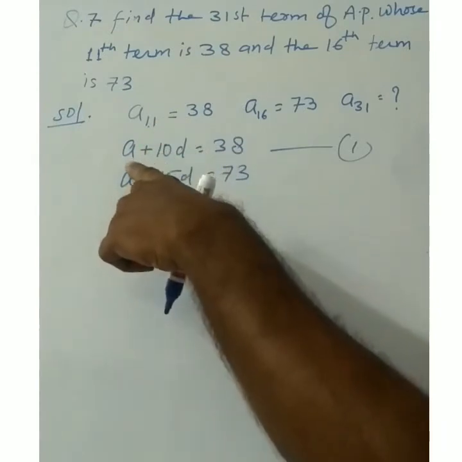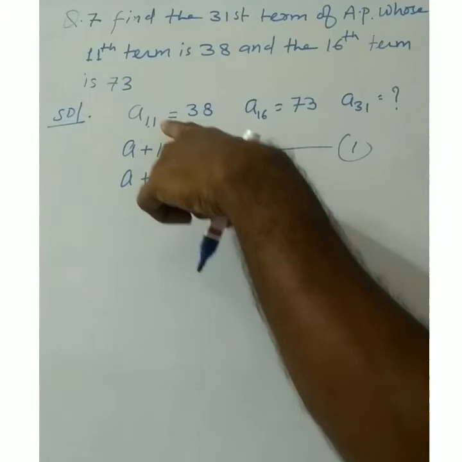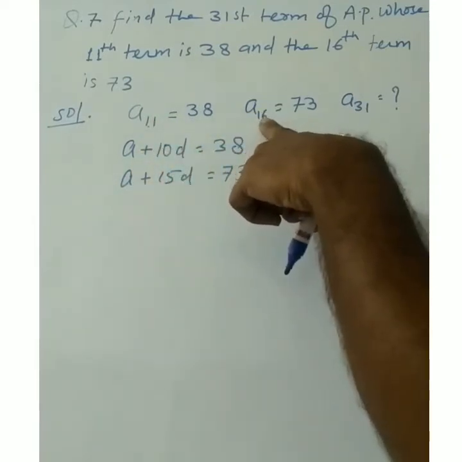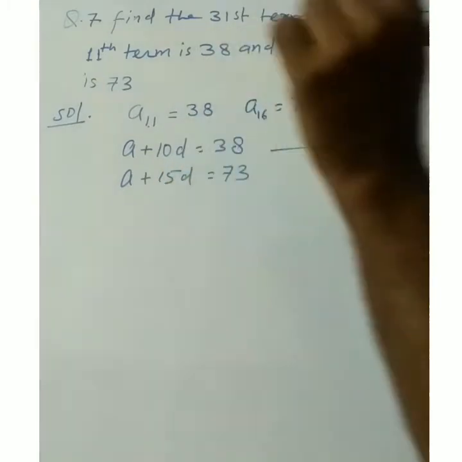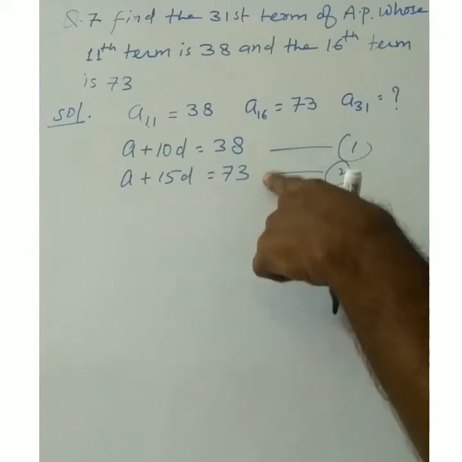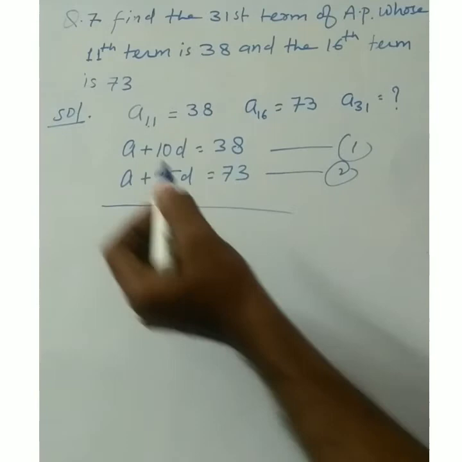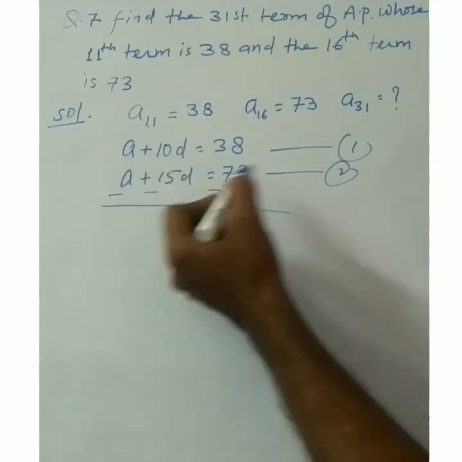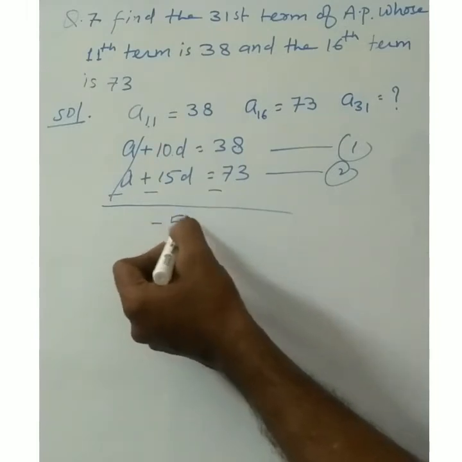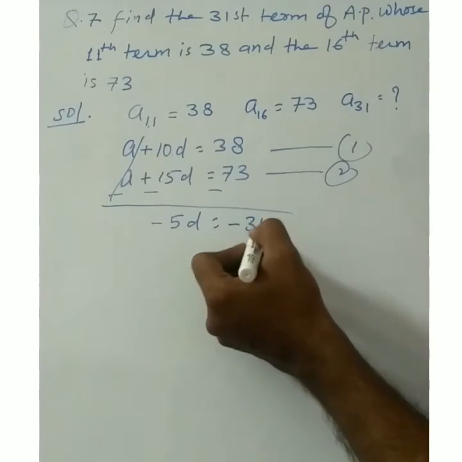We are applying the formula of AN, which is A plus N minus 1 into D. N is 11, so here we are having 10D. Here N is 16, so we are having 15D. Now we have to solve these two equations. To solve these two equations, we are using elimination method. Subtract these two equations. 10 minus 15 is minus 5D. This minus this is minus 35.